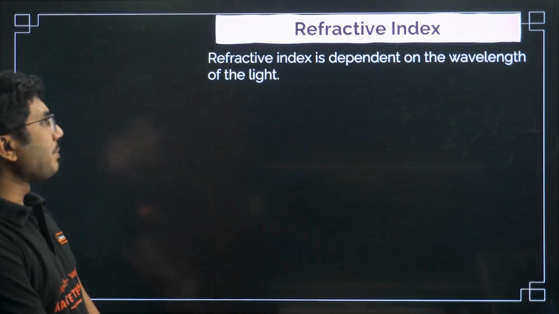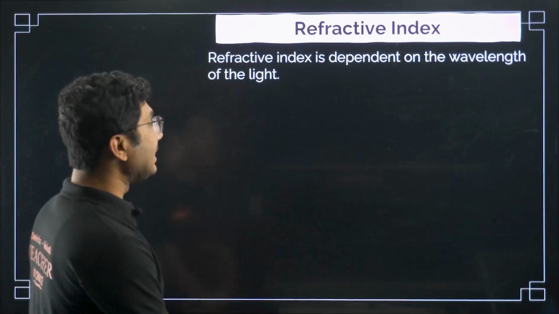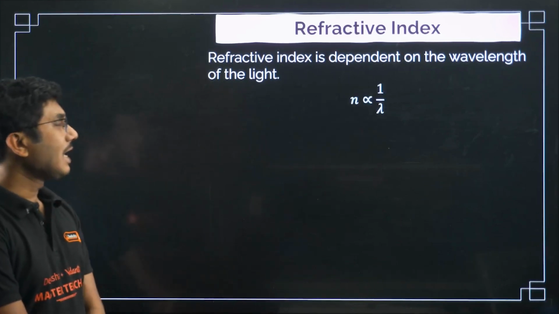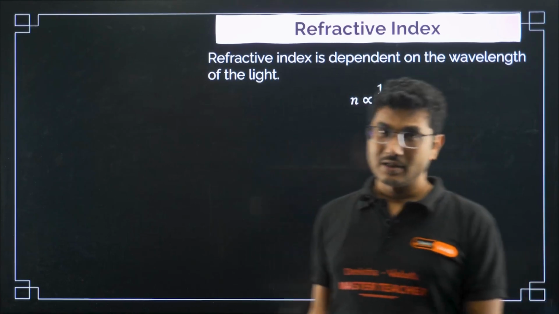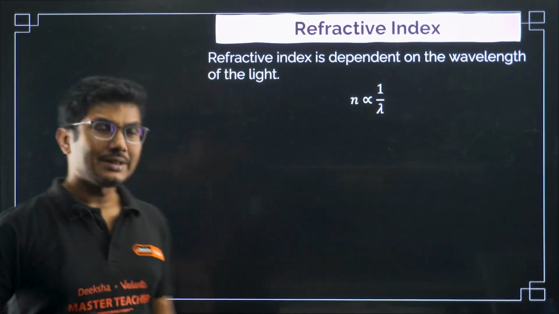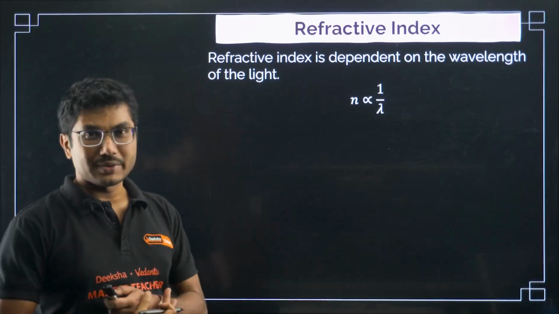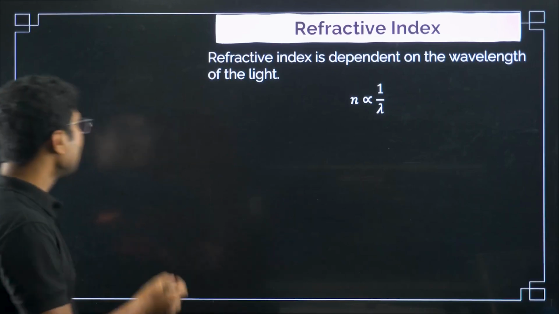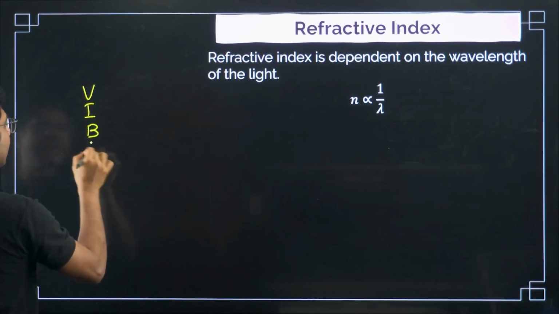Refractive index is dependent on the wavelength of light, and it is inversely proportional to the wavelength. So basically, the higher the wavelength, the lower the refractive index. Can you tell me which one has the higher wavelength? From VIBGYOR, you know that, right?